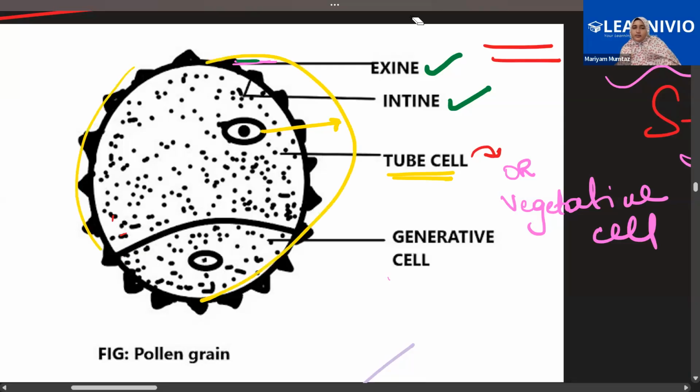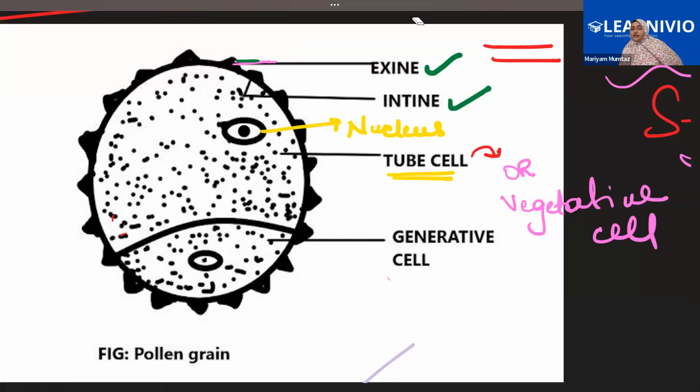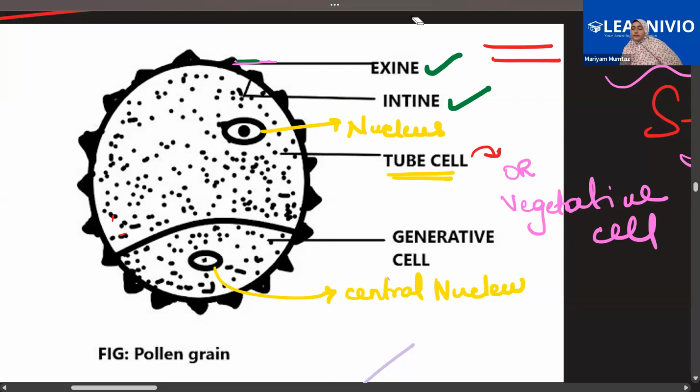This whole thing is the pollen grain. Inside the pollen grain, this thing is the nucleus. When we talk about the nucleus of the vegetative cell, it is present at the side area. But in the generative cell, it is present in the center. Clear? So, central nucleus. Any doubts? You're understanding the thing, right?